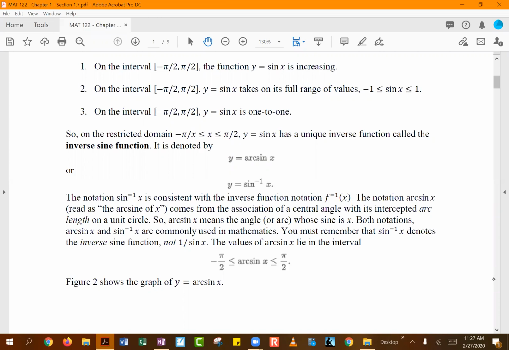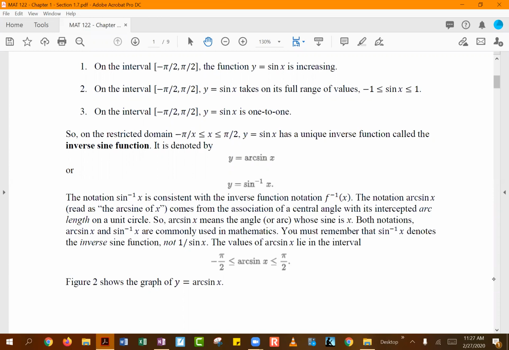And then they're talking a little bit here in this paragraph about how the notation of arcsine comes from that association of the central angle with the intercepted arc length. So if you picture a unit circle and think about your central angle theta, in terms of that, if you are intercepting your arc length, which we had seen in section 1.4, where we talked about arc length.